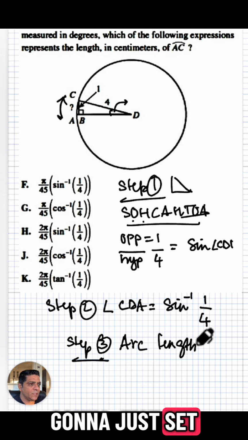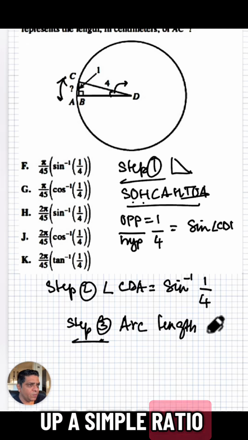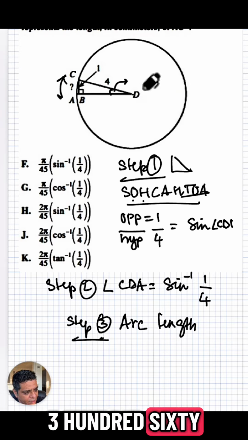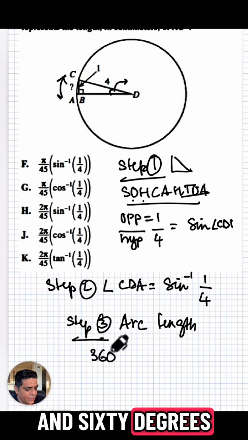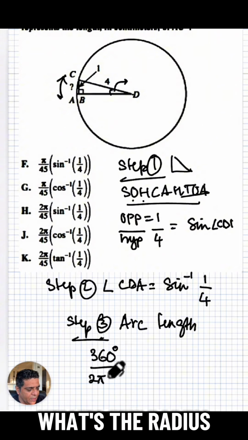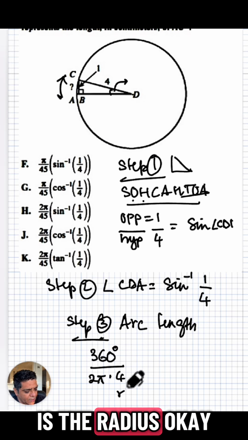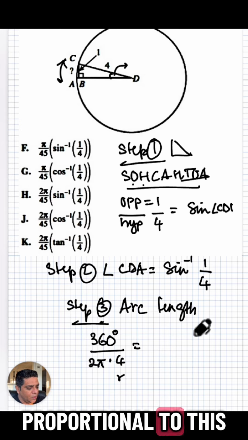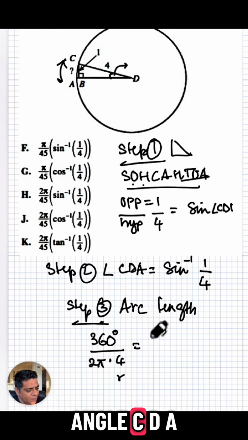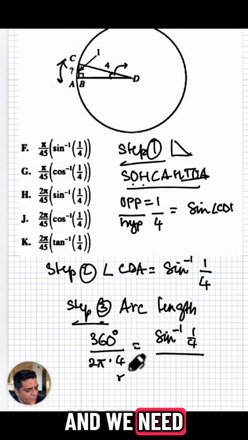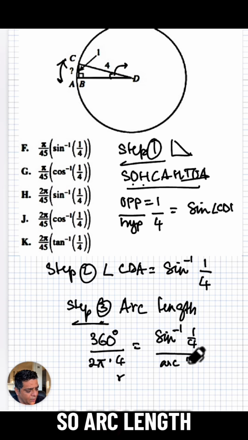Okay. So we're going to just set up a simple ratio proportion where we say if we go all around the circle, 360 degrees, so 360 degrees is representative of 2 pi, and the radius is 4. 4 is the radius, okay? And that is proportional to this angle CDA, which is sine inverse 1/4, and we need the arc length, so arc length, okay?